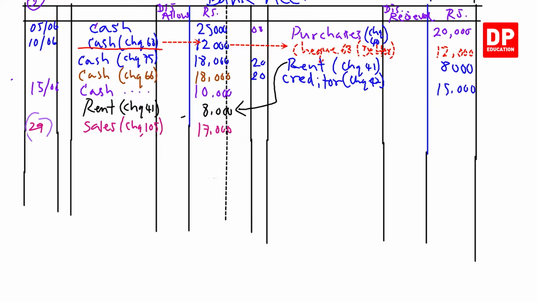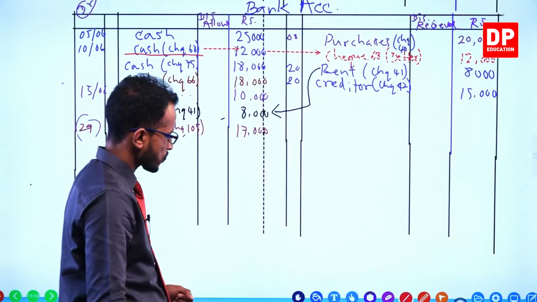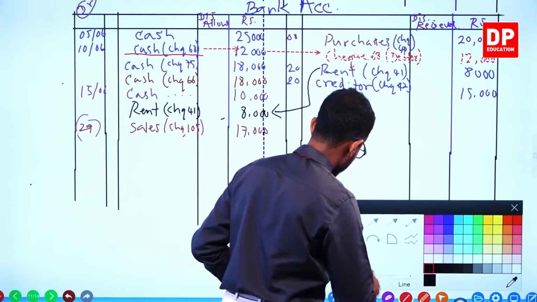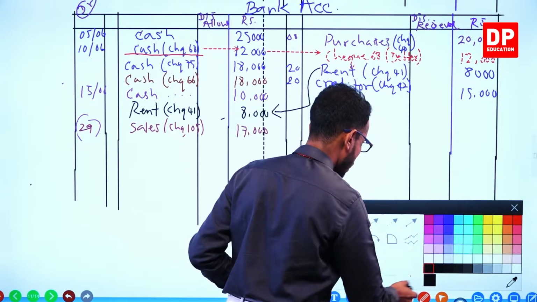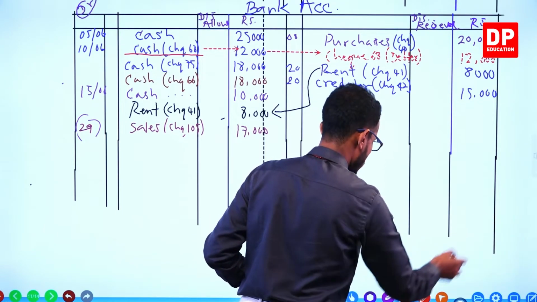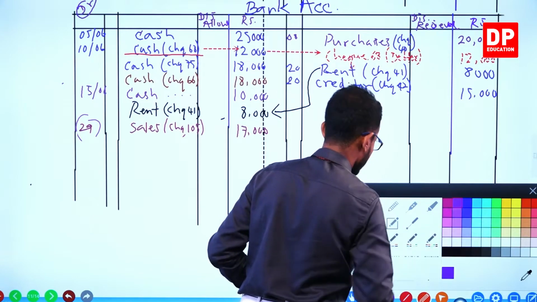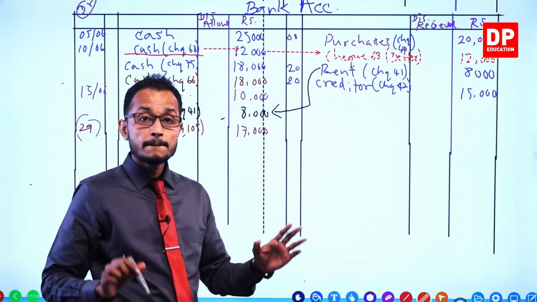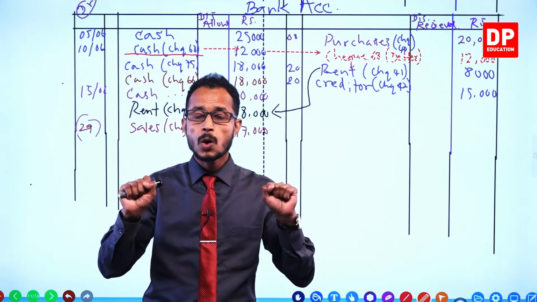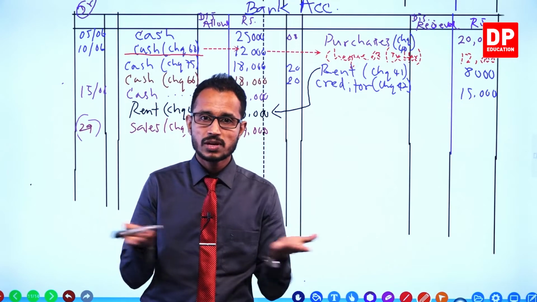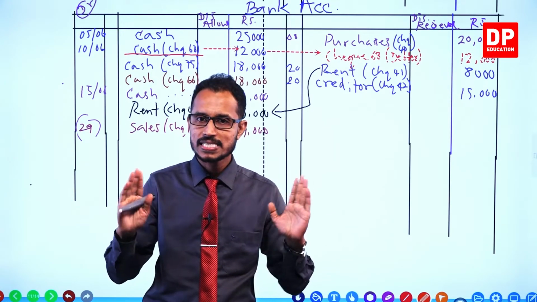Center line. All right. Let's balance this. Let's balance it off. Children, what we do is, first of all, we draw the sum boxes. Some say total box, totaling box, some say sum box.